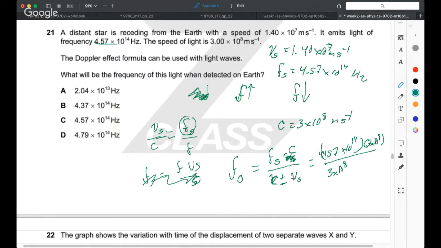So if the moving object is going away from the observer, you have to add or subtract the speed to the medium. It's subtract.